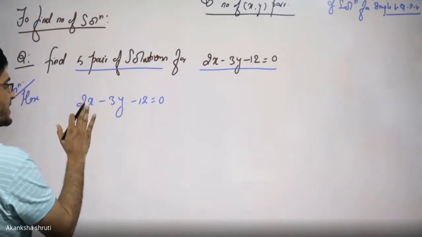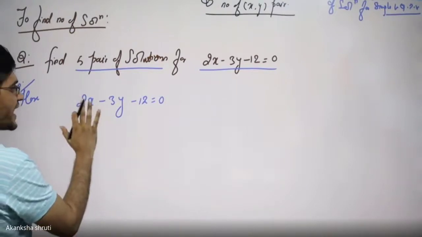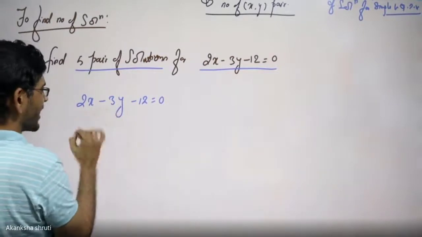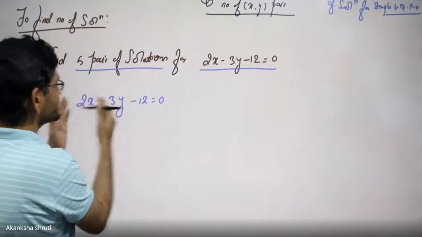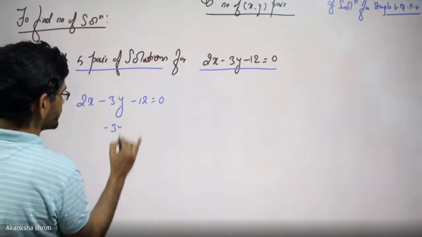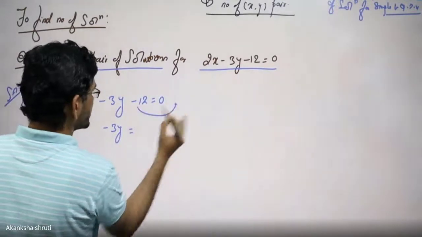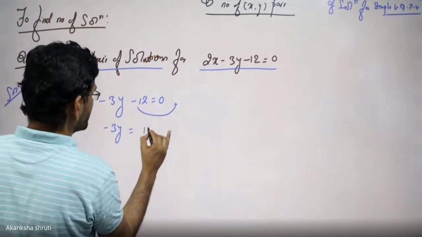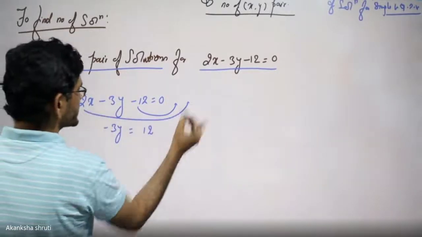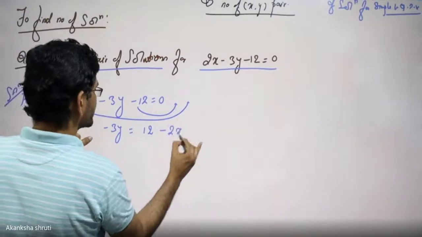Means you take one of the variables on one side and send all the others to the other side. We may keep this y on the left hand side and send this x to the other side. A better habit is to keep y on one side, equals, and send this constant to the right hand side. It becomes plus 12. Also we send 2x to the right hand side, it becomes minus 2x.